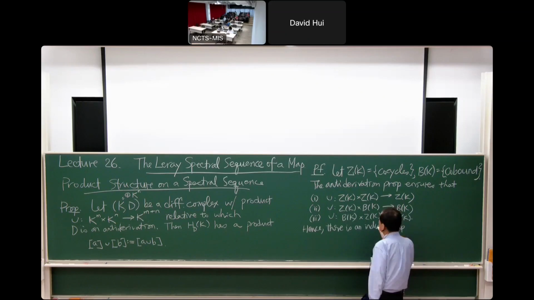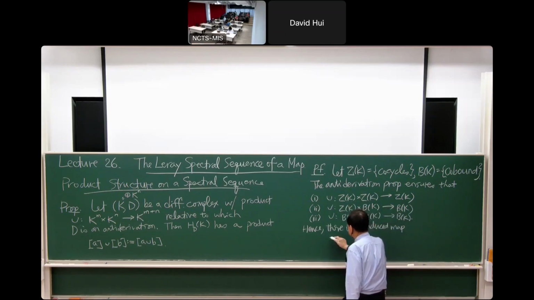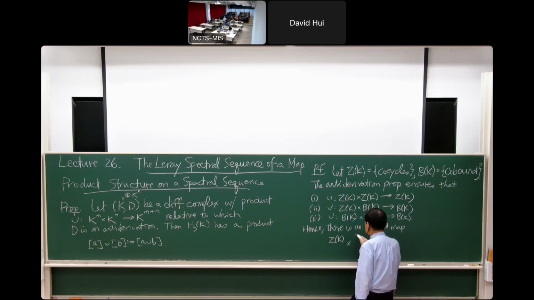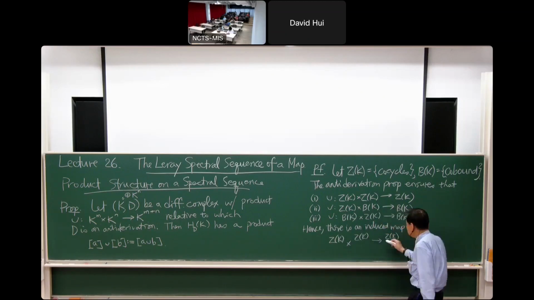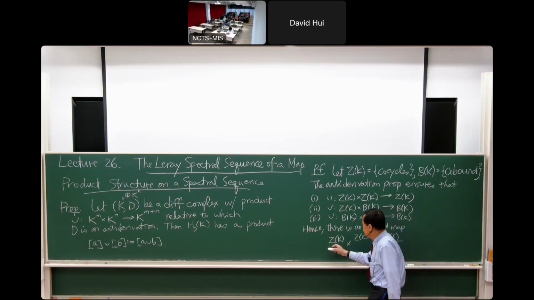You can take Z of K times Z of K, and that will go to Z of K. But then you mod out by B of K. And so if you have B of K here, it is going to go to 0.